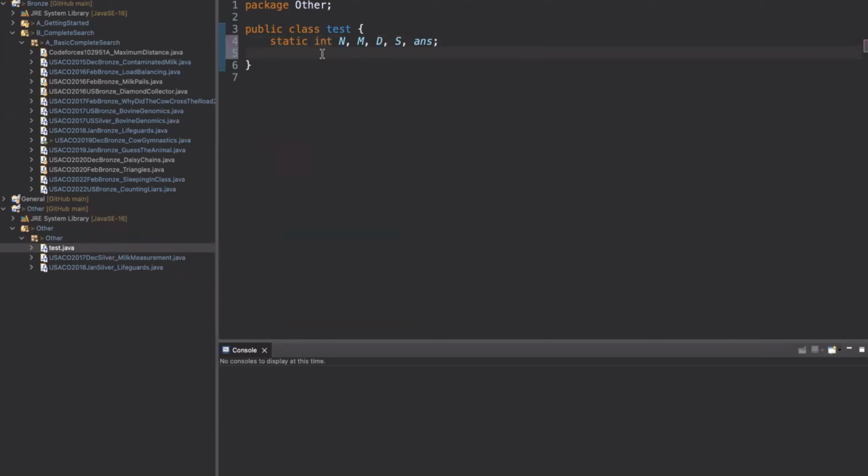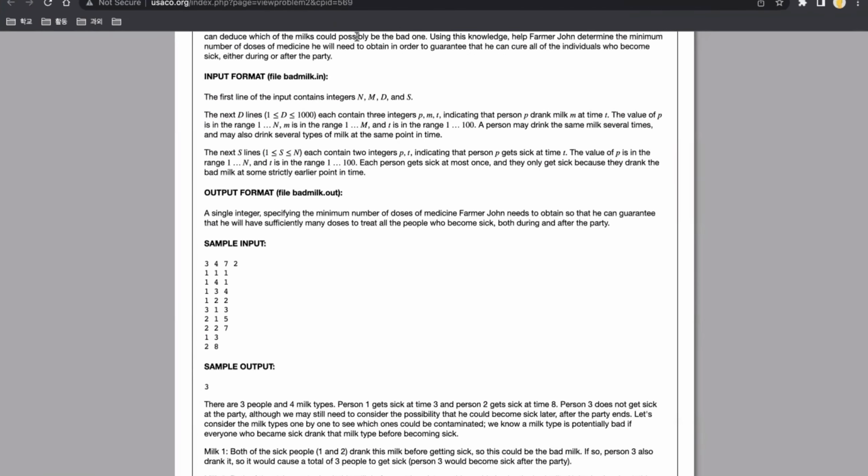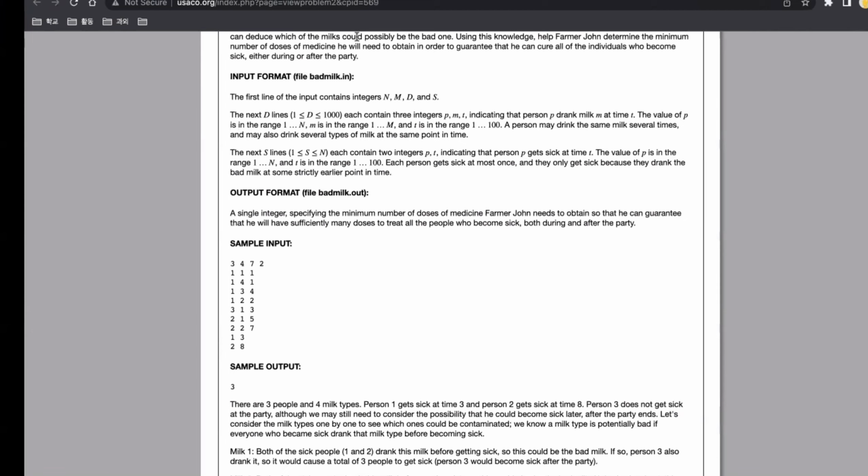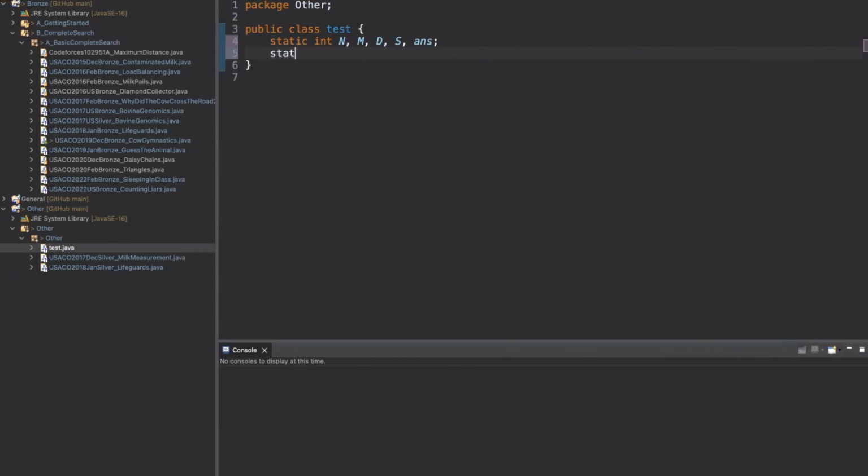We also need a two-dimensional array of Booleans so that we can store all of the events that happened.